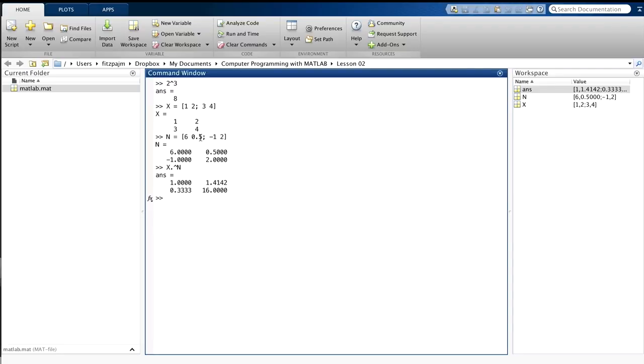So we have 2 raised to the 1/2 power. Well, that's the square root of 2. And down here we have 3 raised to the -1 power. Well, that's 1/3, and 4 raised to the 2 power, which is 16. So that's array exponentiation. There's no real surprises there.